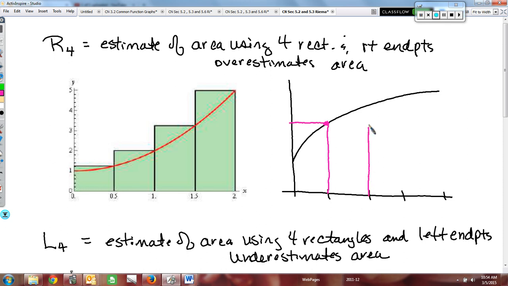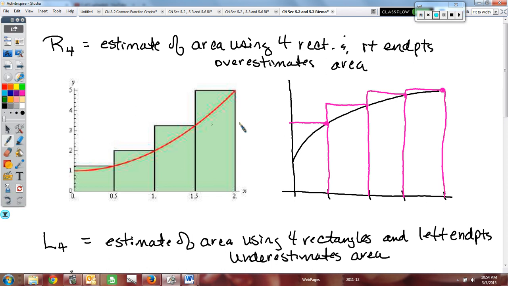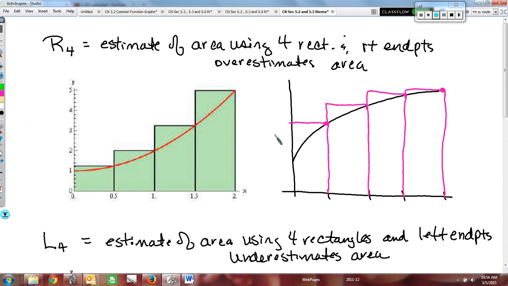Come up over here and come across. And now let me ask the question, is this R4 in this case still an overestimate of the actual area that we're looking at? And the answer is yes. So it is not determined by concavity. And then hopefully at this point you're saying it's determined by the fact that the function is increasing.